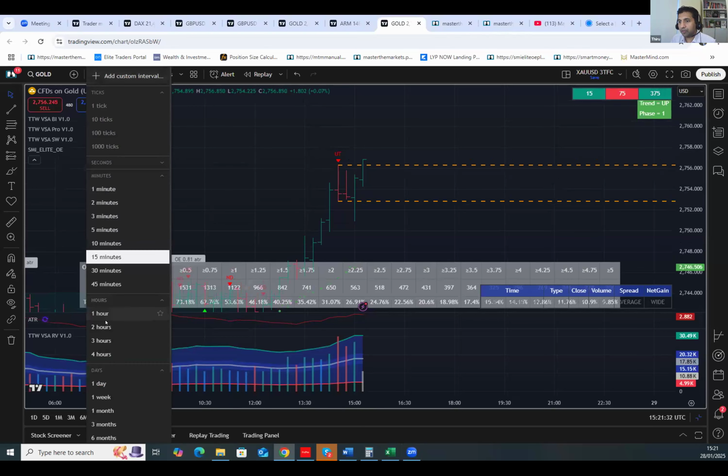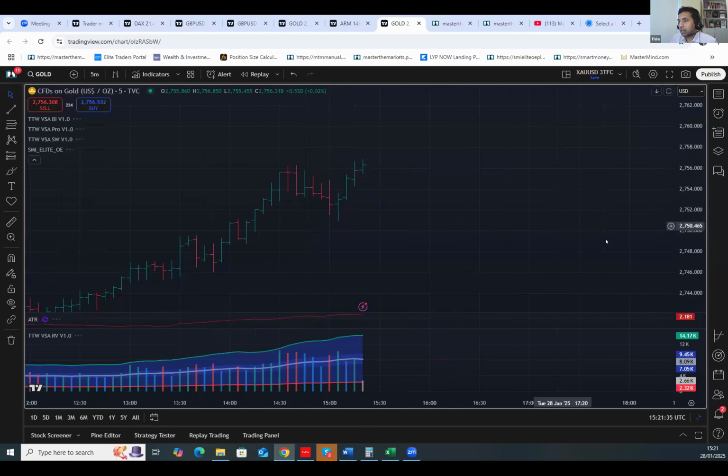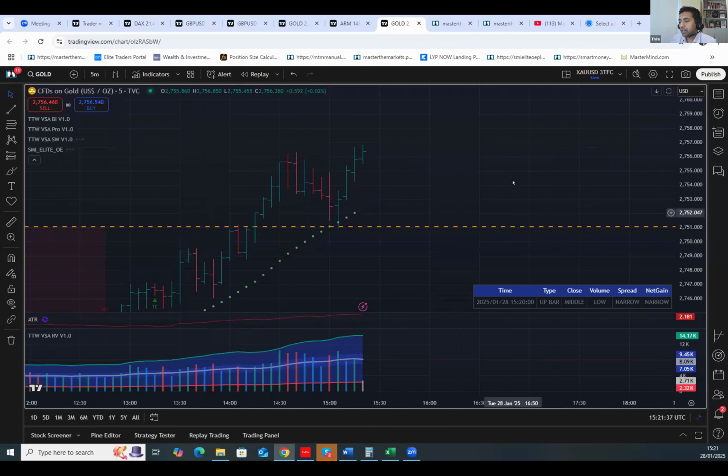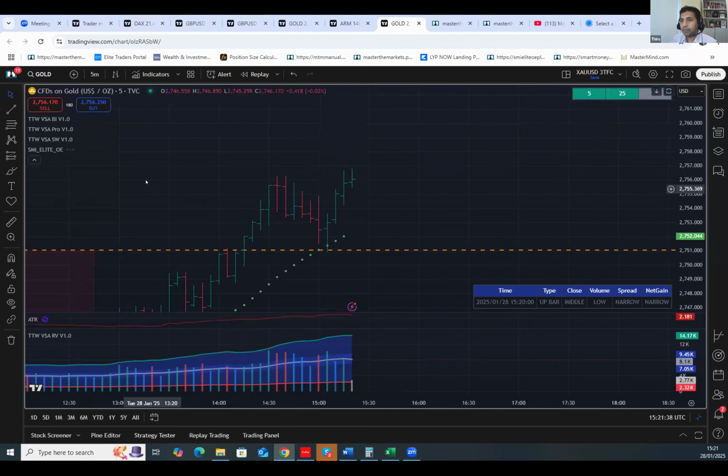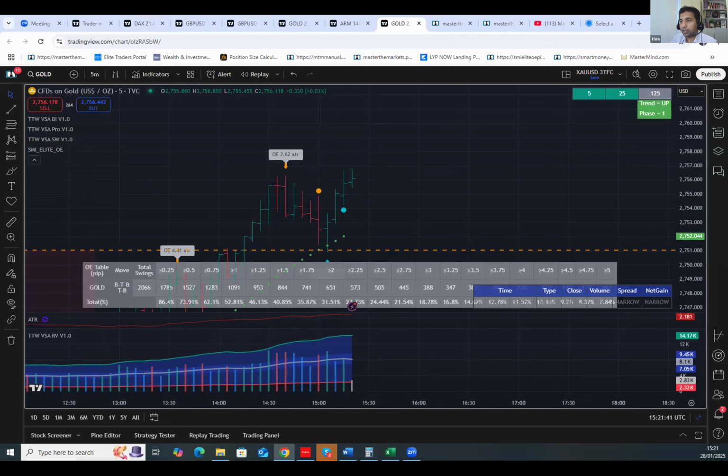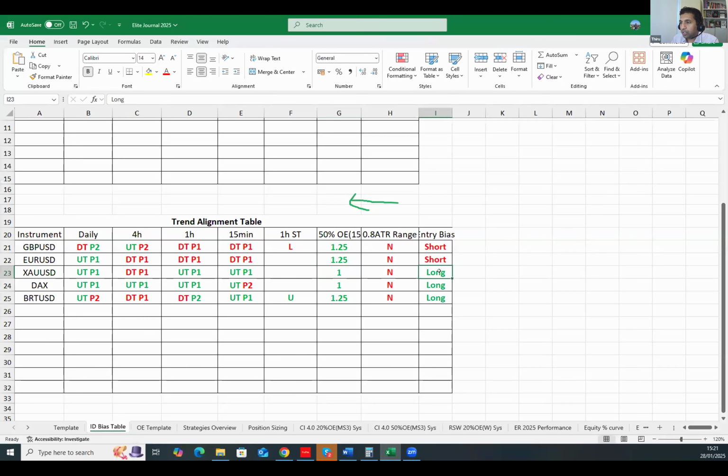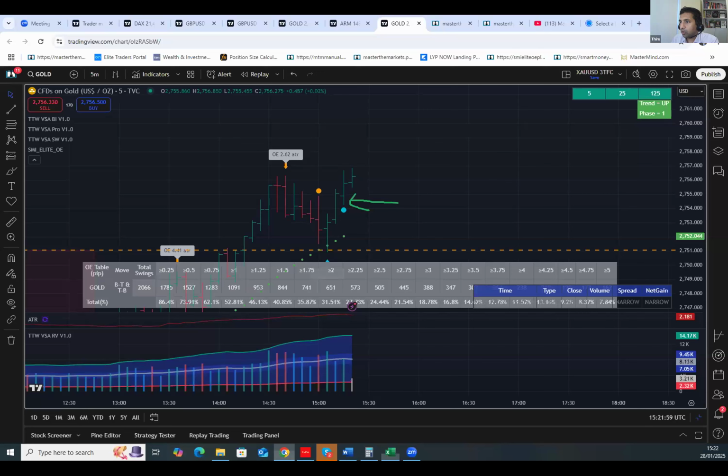And if you look on the 5-minute, there we go, we had the confirmation bar here. The bottom just got confirmed. And you can see the bias table here: gold, in terms of all the time frames, is mostly aligning to the upside. Stretch is also taken to the upside as well. So it's all confirming to the long.